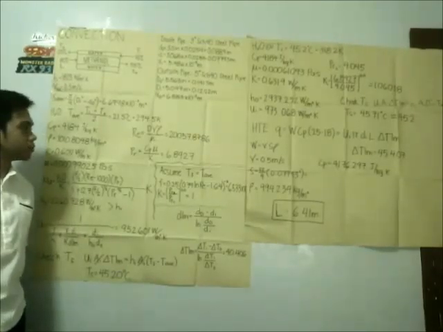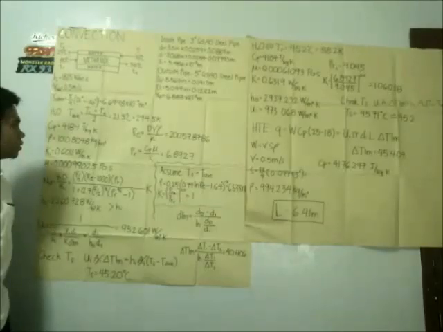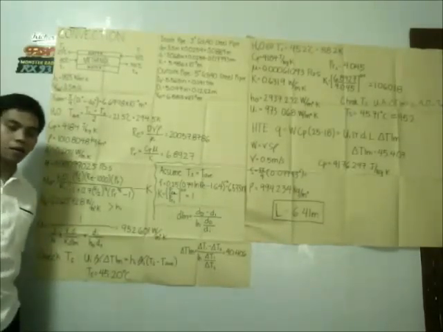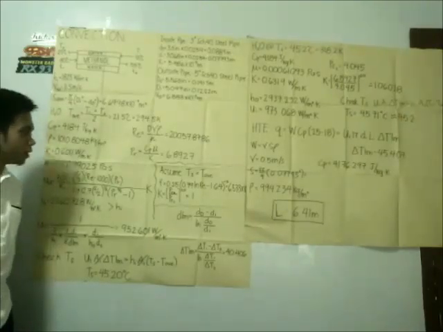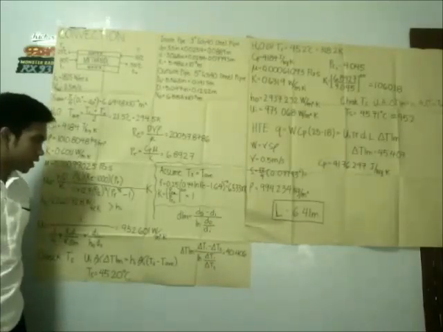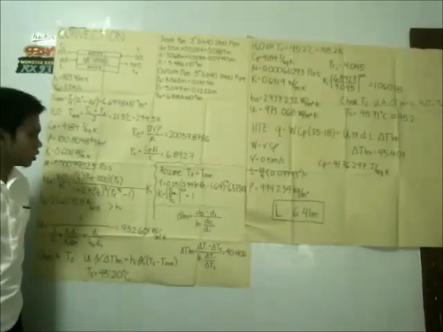The Reynolds and Prandtl number can be calculated using the parameters calculated earlier. F and K are calculated using equations from Perry's handbook. F is calculated using this equation and K is calculated using this equation, which involves the Prandtl number at the bulk temperature and the Prandtl number at the surface temperature.